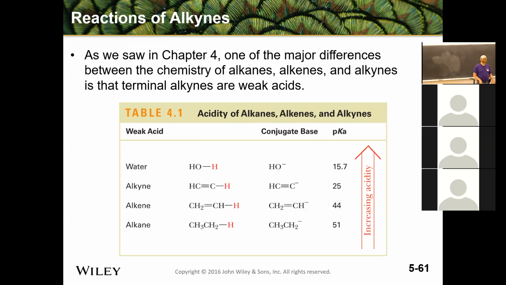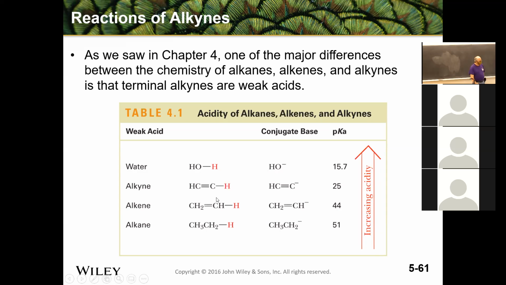As we saw in chapter 4, one of the major differences between the chemistry of alkanes, alkenes, and alkynes is that terminal alkynes are weak acids. So here are some pKa values. We have water's 15.7.